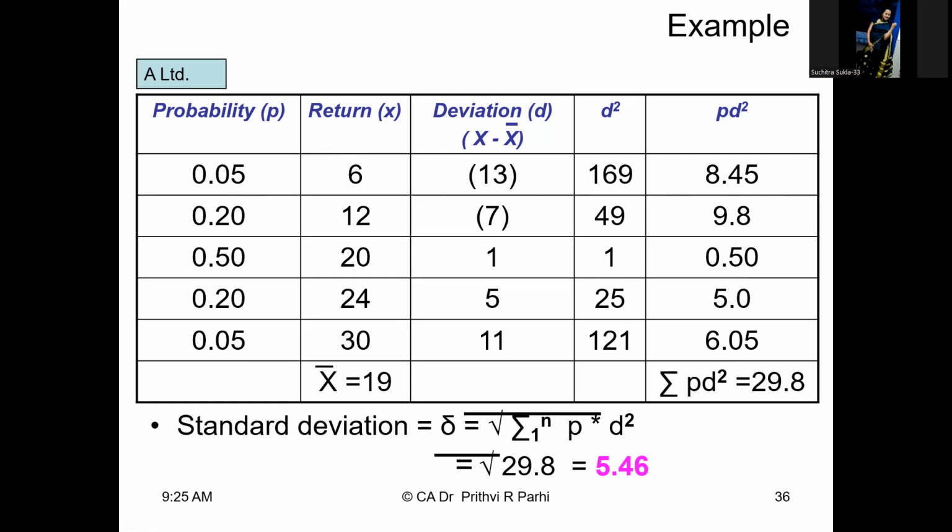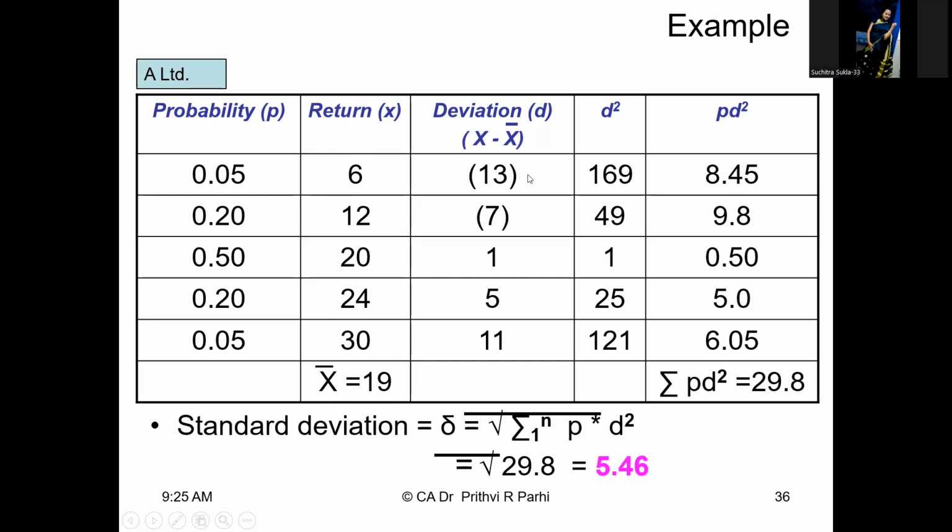So this is just to give you some basic idea of how risk is computed. I repeat, risk is the variability of return or the possibility of deviation of return. So we are finding out what are the possible returns. We are also calculating what are the probabilities of these possibilities. Then we take the returns and calculate the standard or average return.